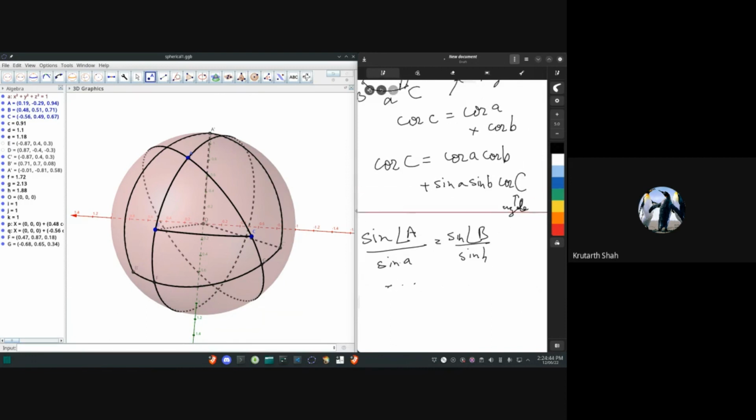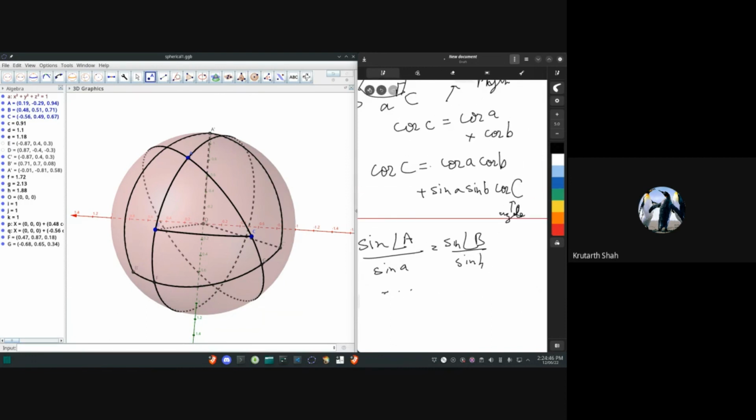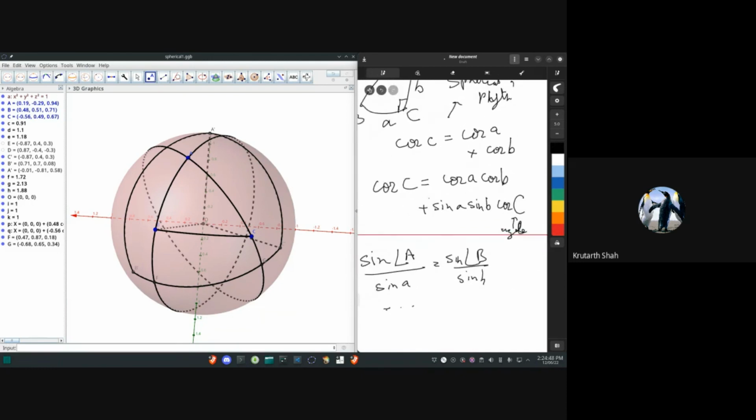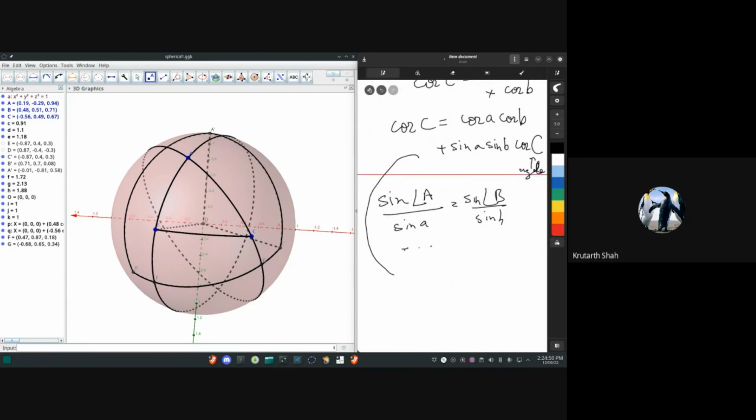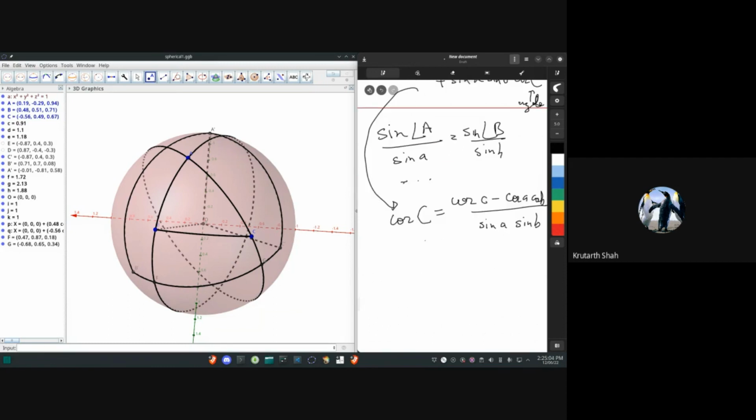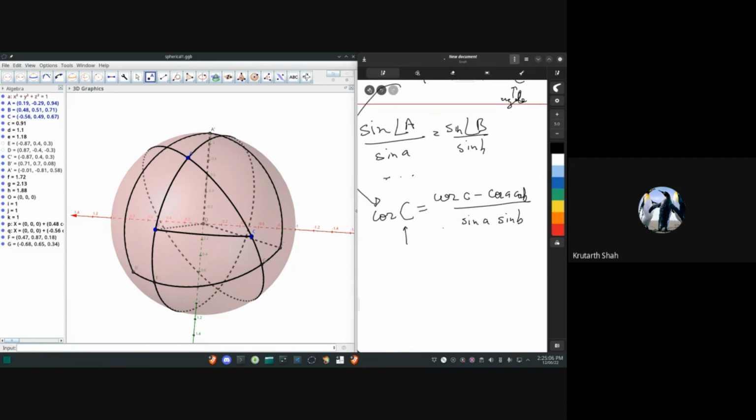So basically that is how you show SSS and SAS, because if you have this cosine law, you can write cos C equals cos small c minus. So the value of C is uniquely determined given the lengths of the sides.